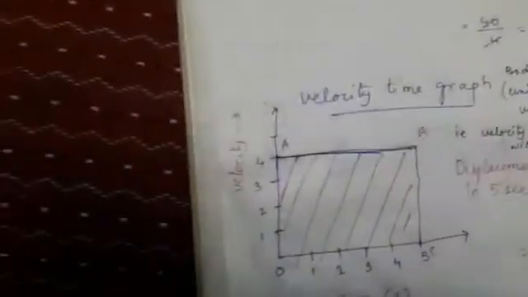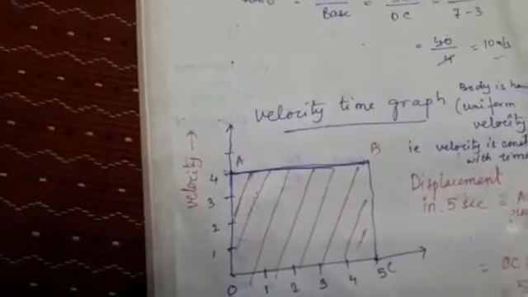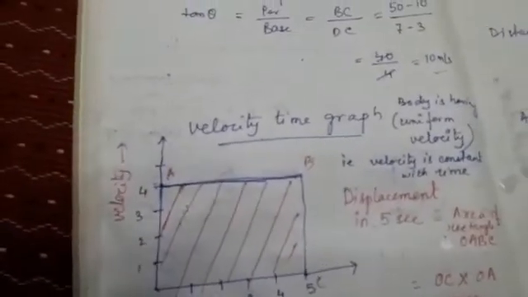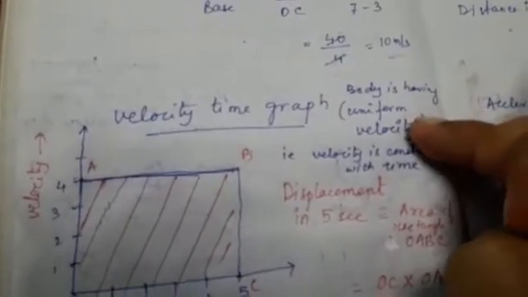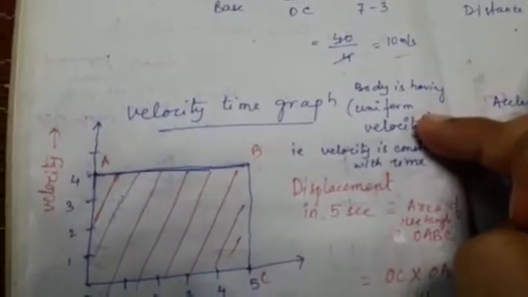So next is velocity time graph. Now velocity time graph, this is the first case, when the body is having uniform velocity. See, that was displacement time graph, don't get confused, this is velocity time graph, and this is the case of uniform velocity, means the velocity is constant with time.